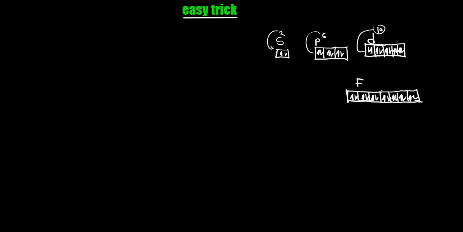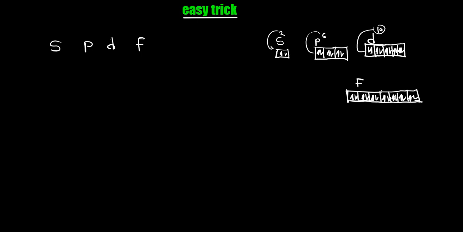So what we do is arrange these orbitals. You write s, p, d, f. By the way, I'm not supposed to write capital letters; I'm supposed to write small letters. So this is s, p, d, f.